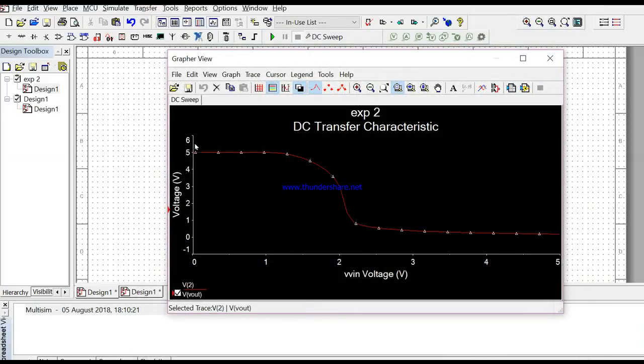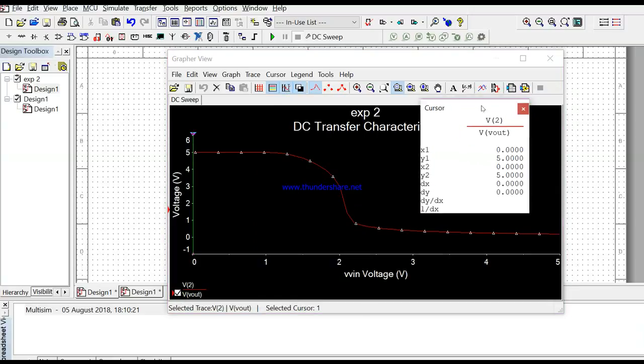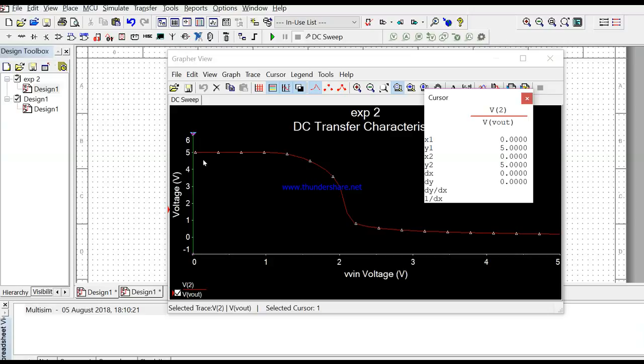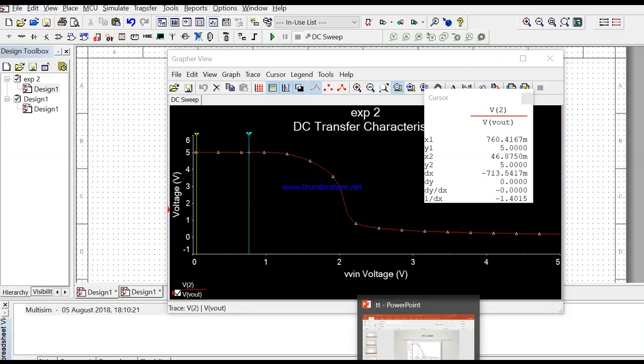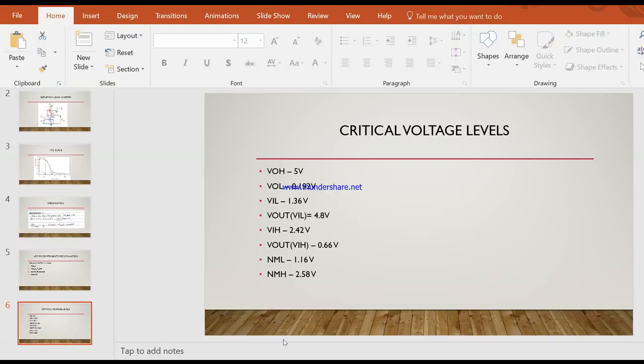Now if you will check with the help of cursor, I'll use cursor first. Now when my input, look over here, when my input is 1.36 volt, output is 4.8.